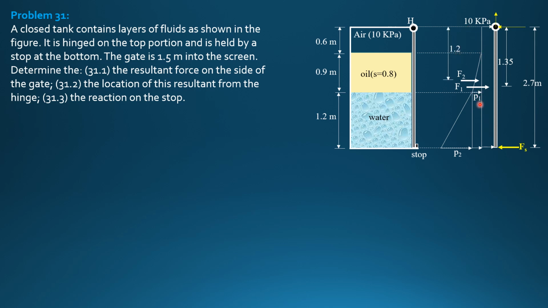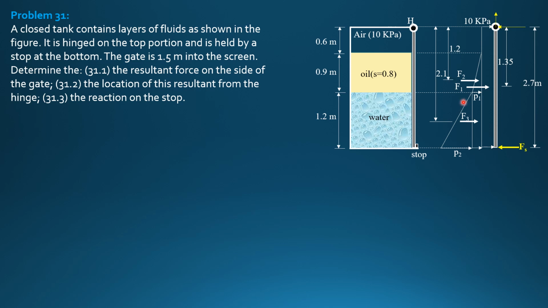F3 for this rectangular pressure diagram of intensity P1. Then the height is 1.2, so this is half of 1.2, 0.6, plus 0.9, so 1.5 plus 0.6, 2.1. The distance of F3 from the top is 2.1 meters.